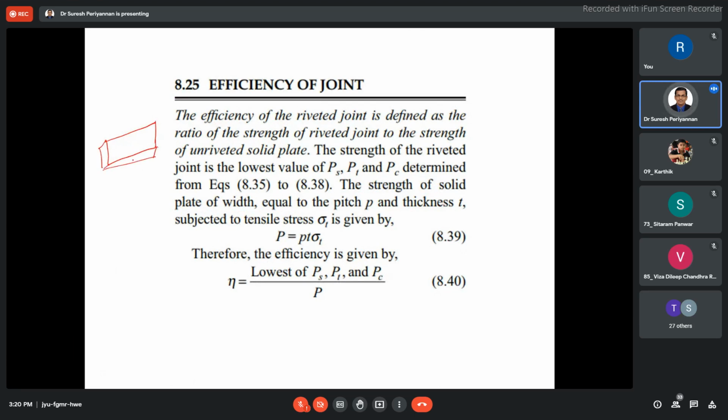If we are not introducing any holes or cracks, the plate strength is much higher. Without introducing holes and cracks, the plate strength is better. Suppose I introduce holes, what will happen in general? The plate is going to have less strength, because whenever holes are present, the stress concentration will be high.